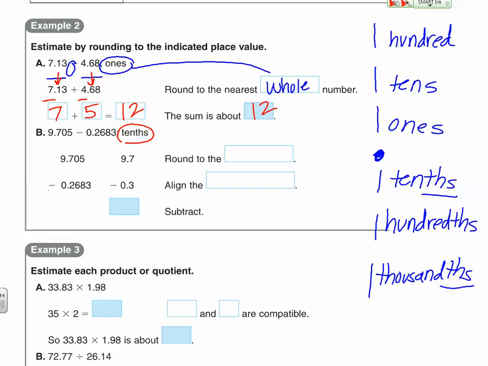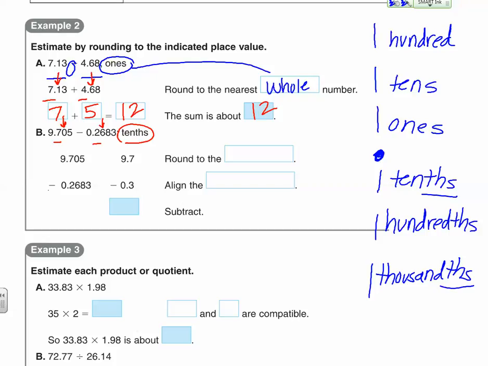In other words, there'll only be one digit behind the decimal. Let's go ahead and underline the digits that are in the tenths place value. For the first one, 7 is in the tenths place value. And for the second number, 2 is in the tenths place value. I'm going to put an arrow down for our bosses. Those are the numbers to the right.